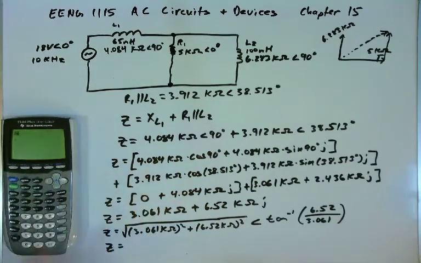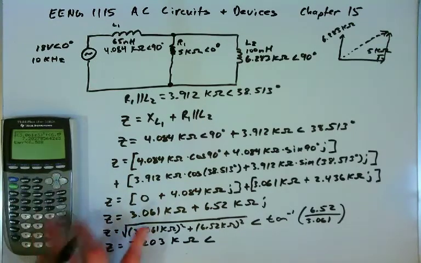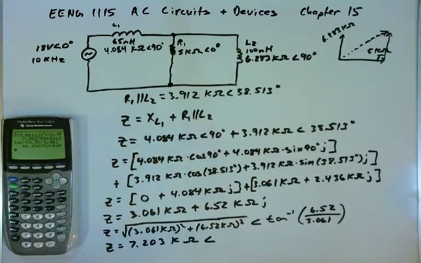And our total impedance will be the square root of (3.061 kilo) squared plus (6.52 kilo) squared. The magnitude will be 7.203 kilo ohms at an angle of the inverse tangent of 6.52 divided by 3.061, and the angle will be 64.851 degrees.